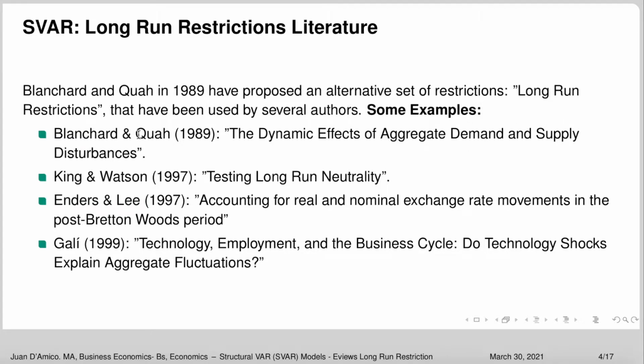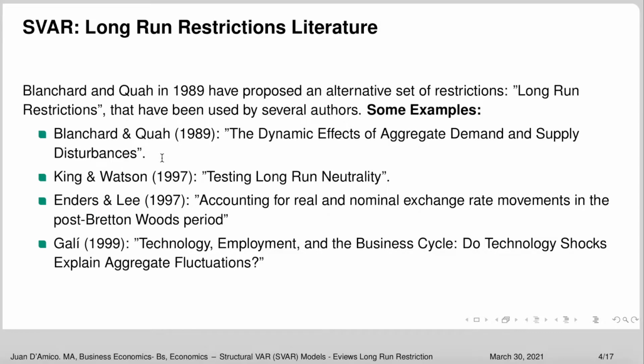So the first example I have written here, of course, is Blanchard and Quah, the dynamic effects of aggregate demand and supply disturbances, where basically the authors have used two variables, GNP, which is the gross national product, and also unemployment, and they have imposed the long-run restriction where they mention that, for example, nominal shocks will have no effect on the output in the long run. Yes, that's a very valid restriction that you can impose in your identification strategy.